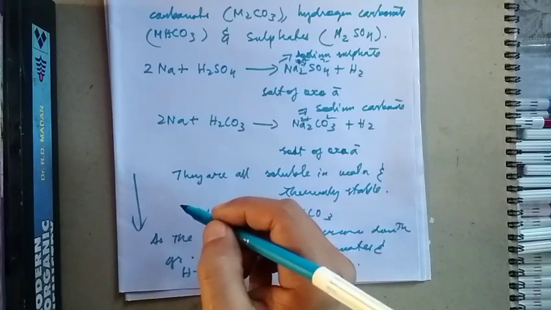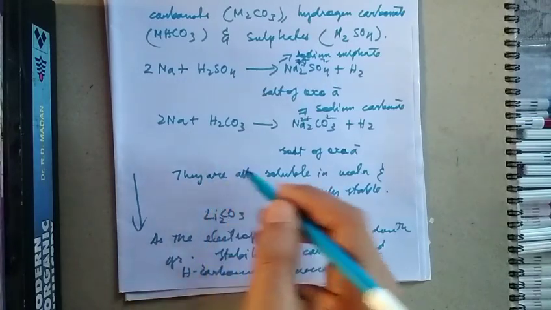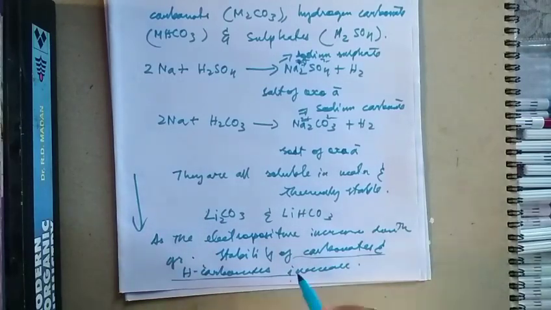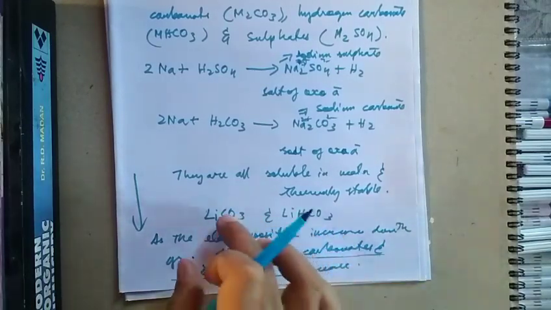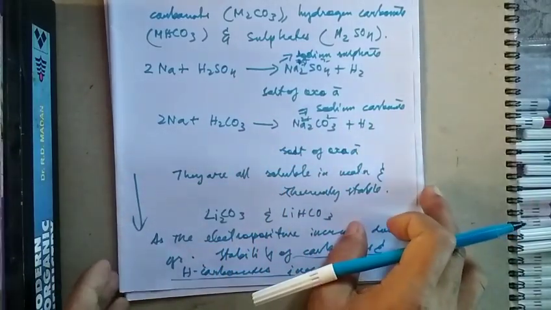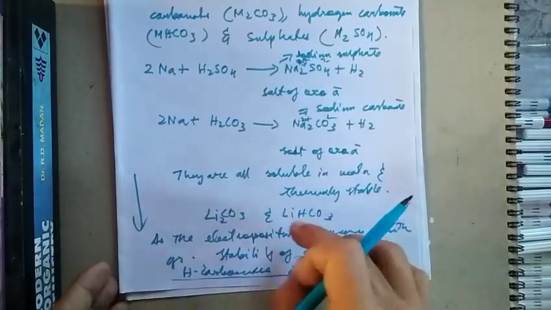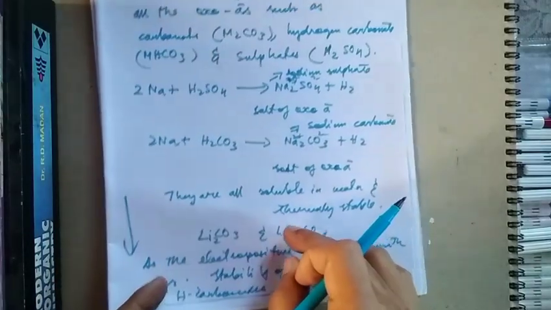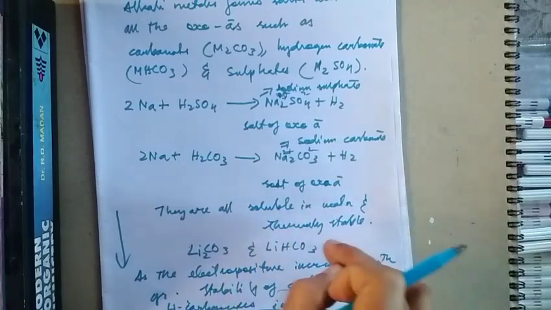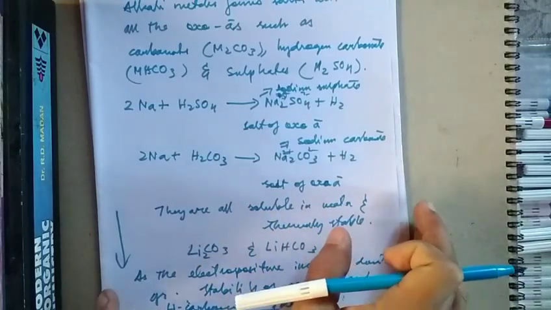That means the stability of alkali metal salts increases down the group. Lithium has a smaller size, which means it will be least stable, and that's why they are not soluble in water, and they are thermally not stable.